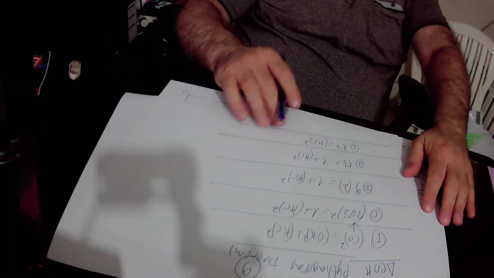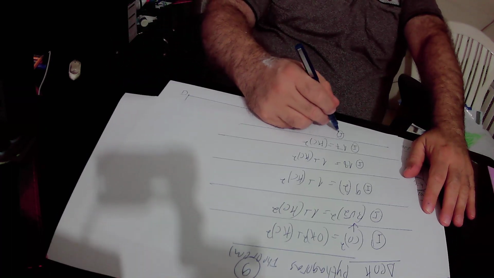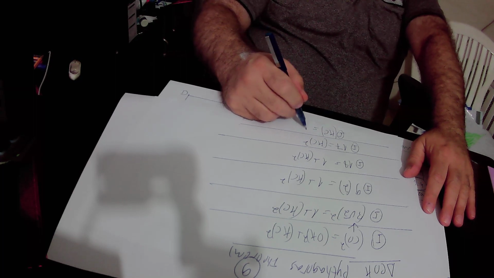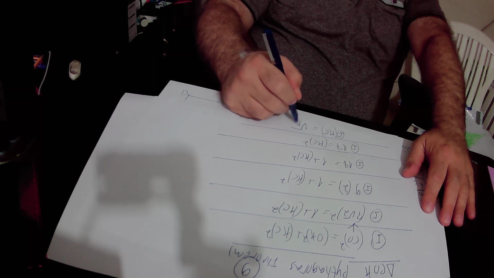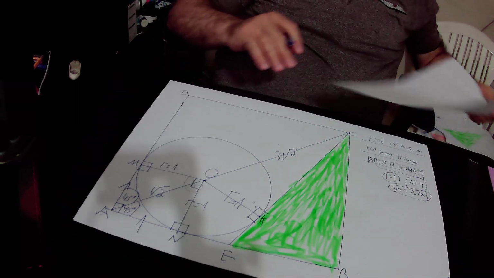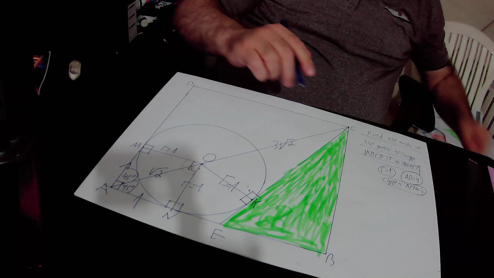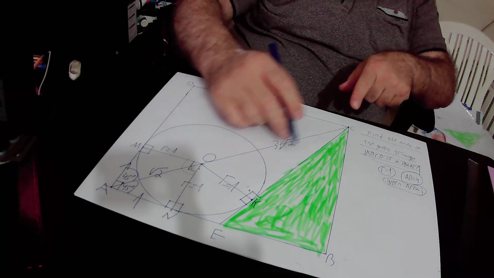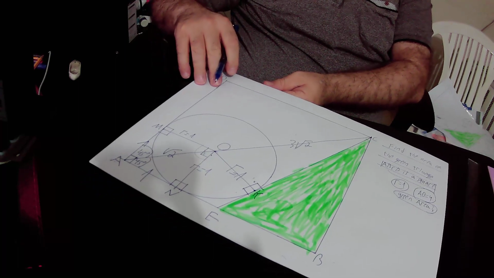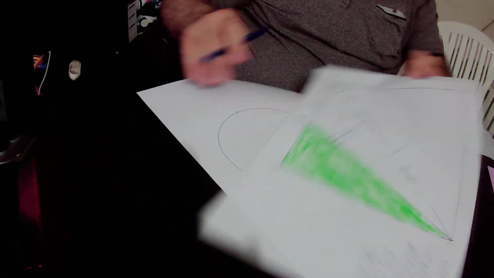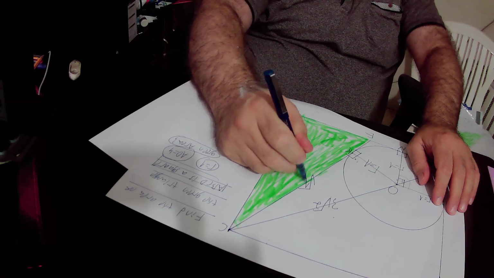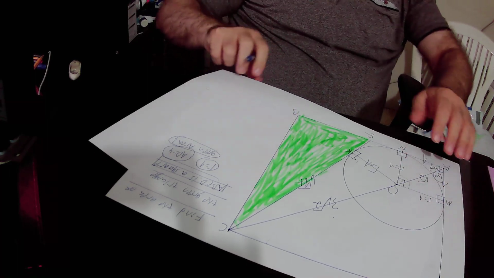We found out that, according to equation number 1, KC equals the square root of 17 units. So we can write here that this side KC equals the square root of 17 units.